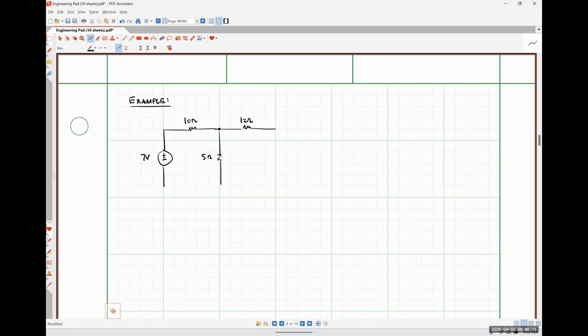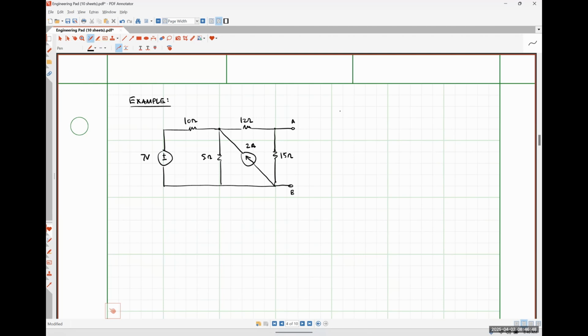A 12 ohm resistor. Two amp source like so. And let's make this guy a 15 ohm resistor. And I'm going to give myself a set of terminals out here on the right that I'm going to call A and B.